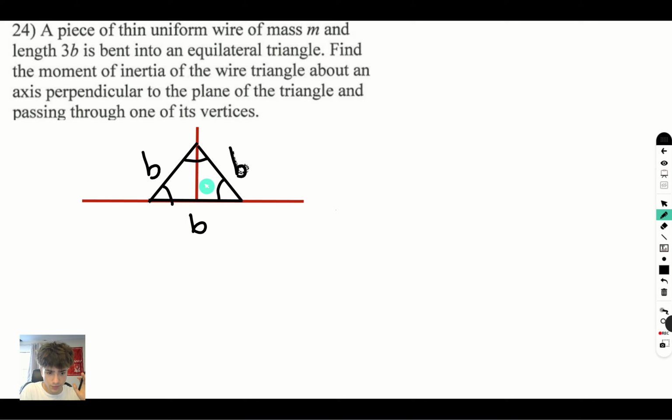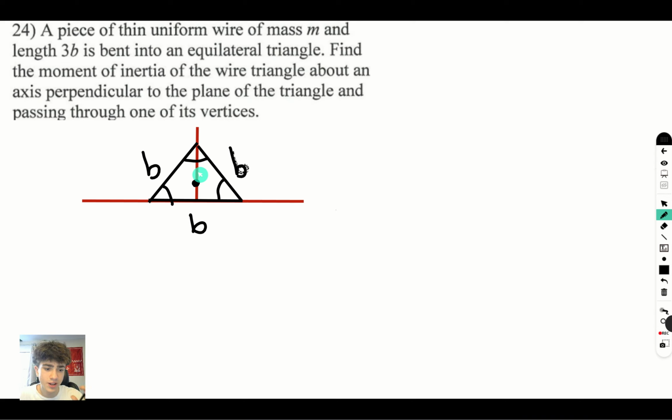Now, we're finding the inertia of the triangle around its center of rotation, which is going to be at its centroid. And so in order to do this, we can simply set each side as its own individual rod and then add up the inertia of the three rods at the end to find our total inertia.